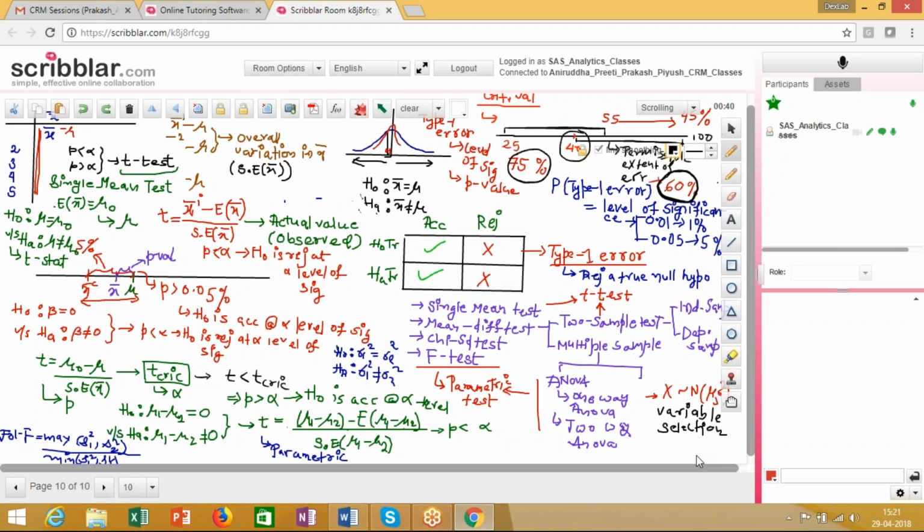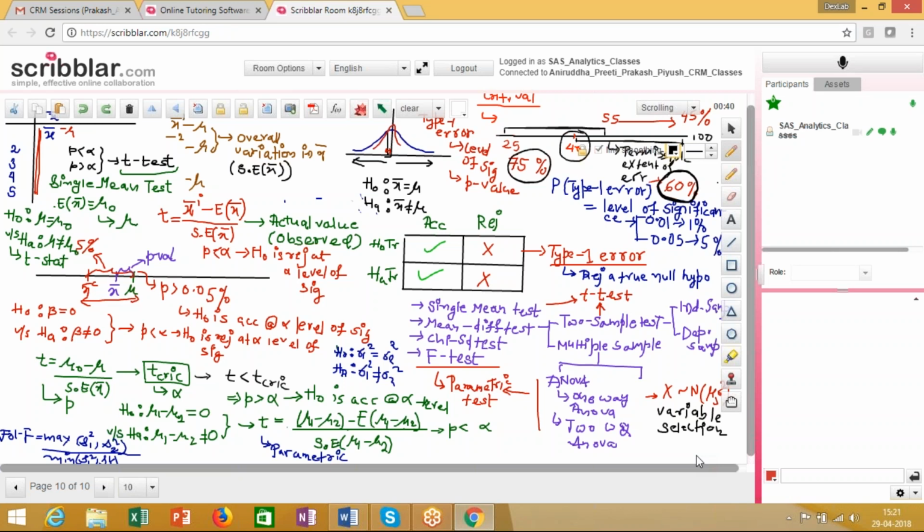I need to have variables which can distinguish between the good and the bad, right? So variables which can distinguish between good and bad borrowers, and that is where the concept of variable selection comes in. Say suppose I'm trying to develop an application scorecard.